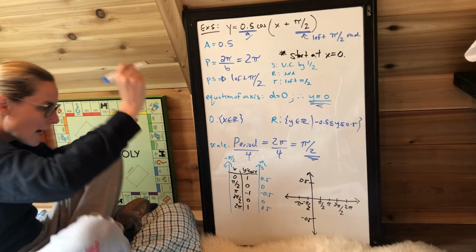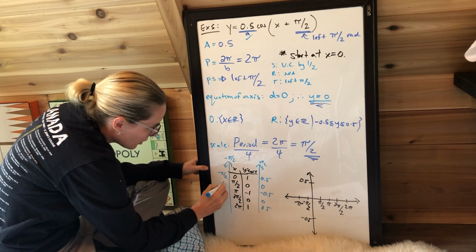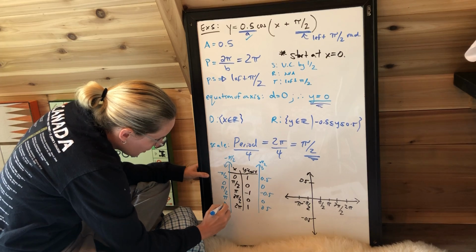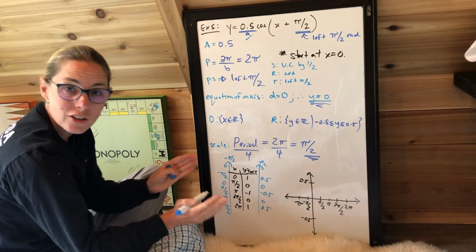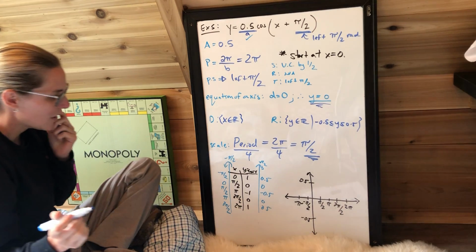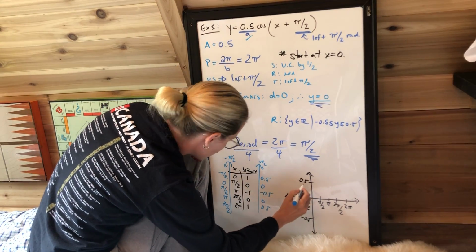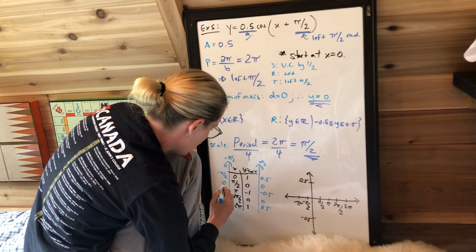Okay, so when we subtract pi by 2 from 0, we get negative pi by 2. We subtract it here, we get 0, pi by 2, pi, 3 pi by 2. Okay, so now these outside points on our chart are the new ones we want to graph. So the first point was negative pi by 2 and 1. Oh, sorry, negative pi by 2 and 0.5 up here. 0 and 0.